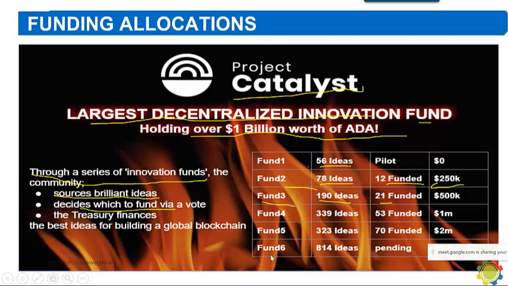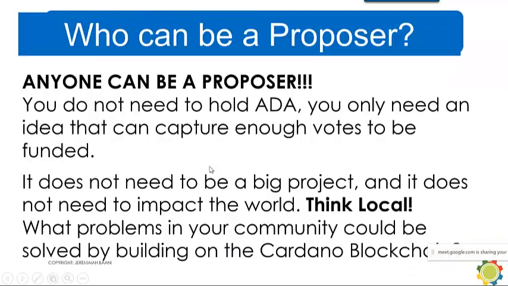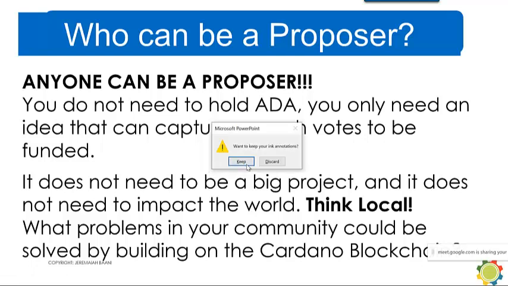And in Fund 8, $16.5 million was allocated, and we had over 1,200 proposals submitted, with quite a good number being funded. Yes, so this is how the funding happens.